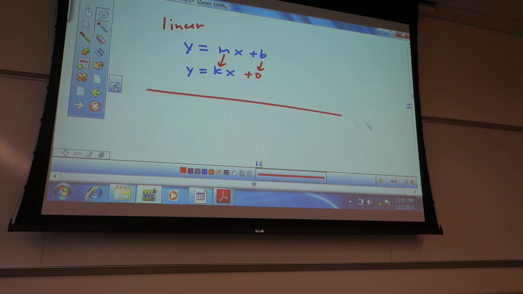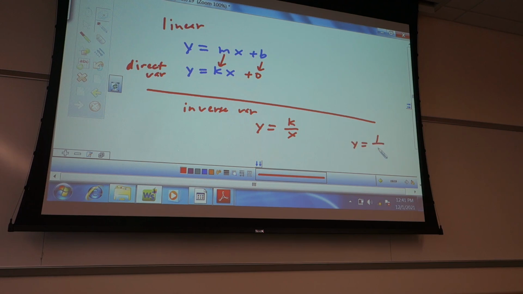And then the other one we had a second ago was the inverse. This is direct. Inverse variation was y equals k over x, right? That's just a warp of y equals 1 over x that we've been working with, only now we're putting a number in for k.